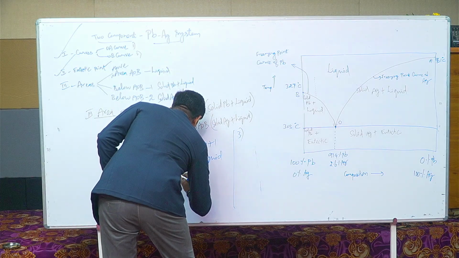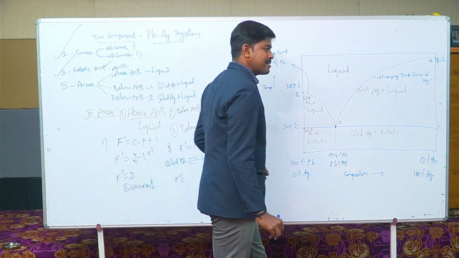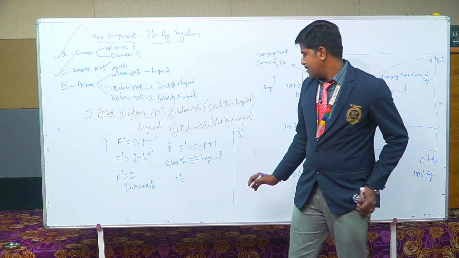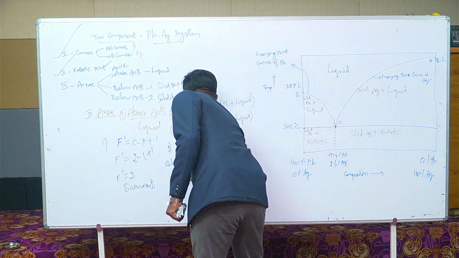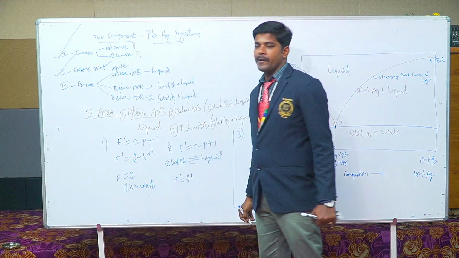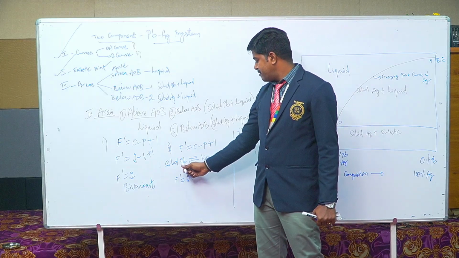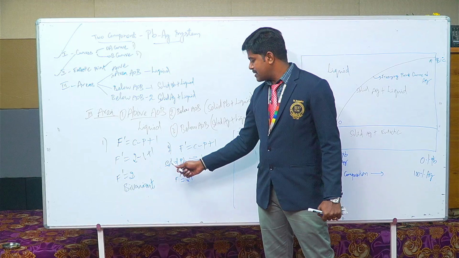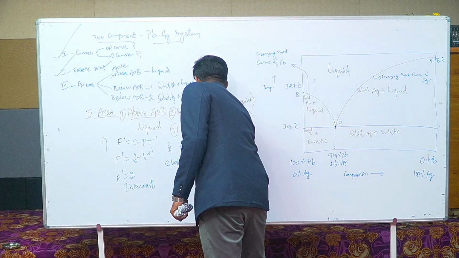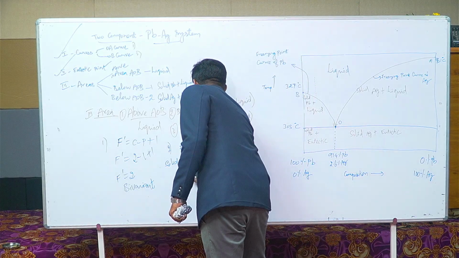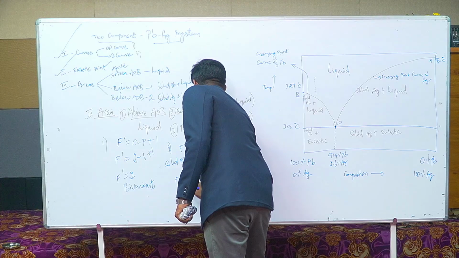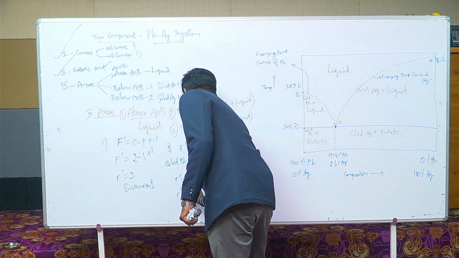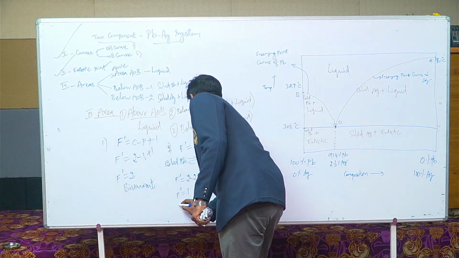So F dash is equal to the number of components, which is 2. How many phases are present here? Phase 1 is a solid, phase 2 is a liquid. So F equal to 2 minus 2 plus 1. The answer is 1, and the system is univariant.